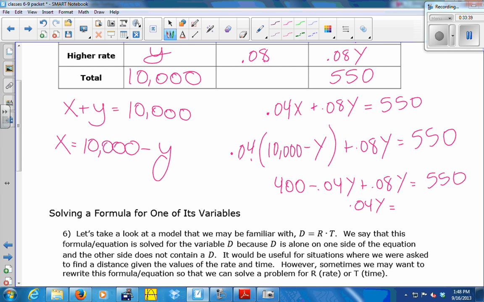Subtract 400 from both sides, and I get 150. So divide both sides by 0.04, what do you get? $3,750.